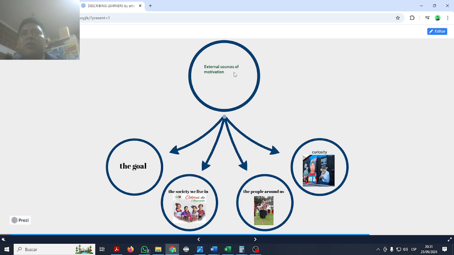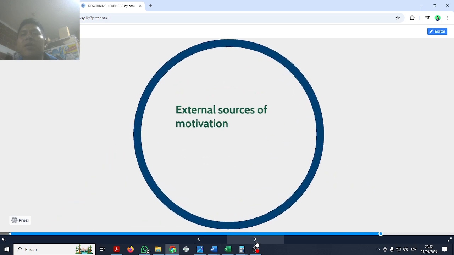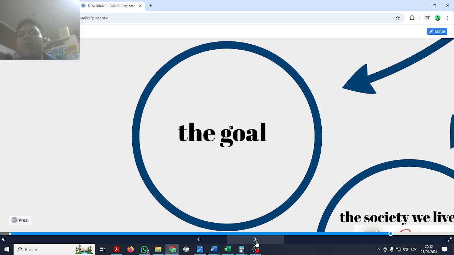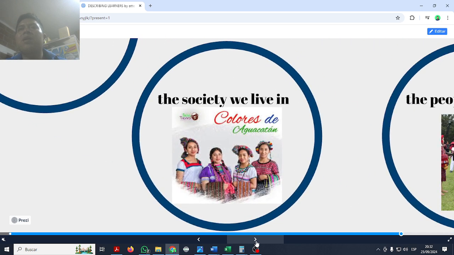Internal sources of motivation are like the goals, the objectives, and the missions or visions of our students, and the society we live in. These factors have an influence on our students' goals, our own students, own teachers, and the society we live in.